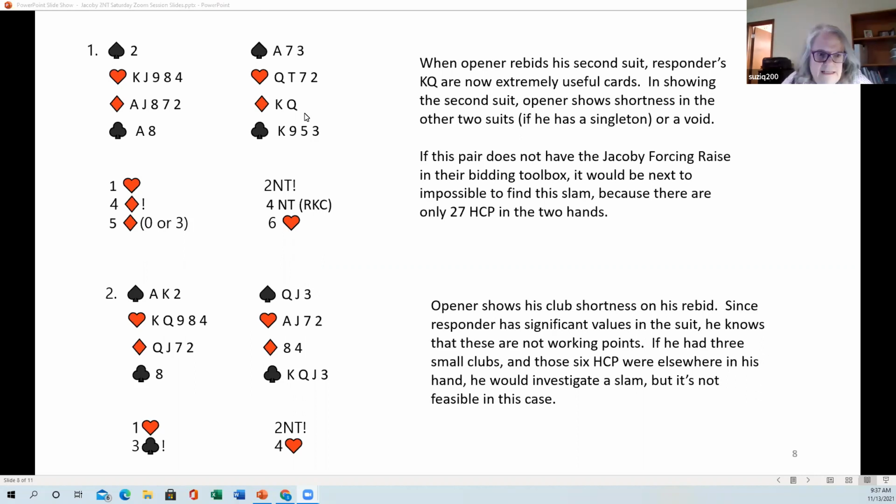All of a sudden, that king and queen of diamonds are absolutely golden. Absolutely golden. Fill in that second suit my partner has. I'm willing to bet he has the ace and jack, and I know he has 5 cards. That means he's short, either in clubs or spades, and I have an honor in both of these. All of a sudden, I'm interested in showing a control.